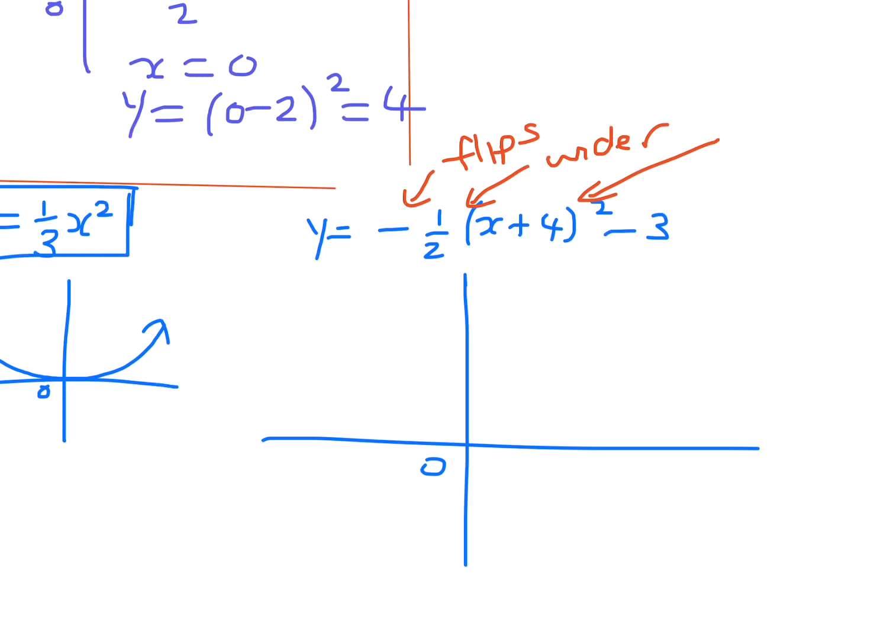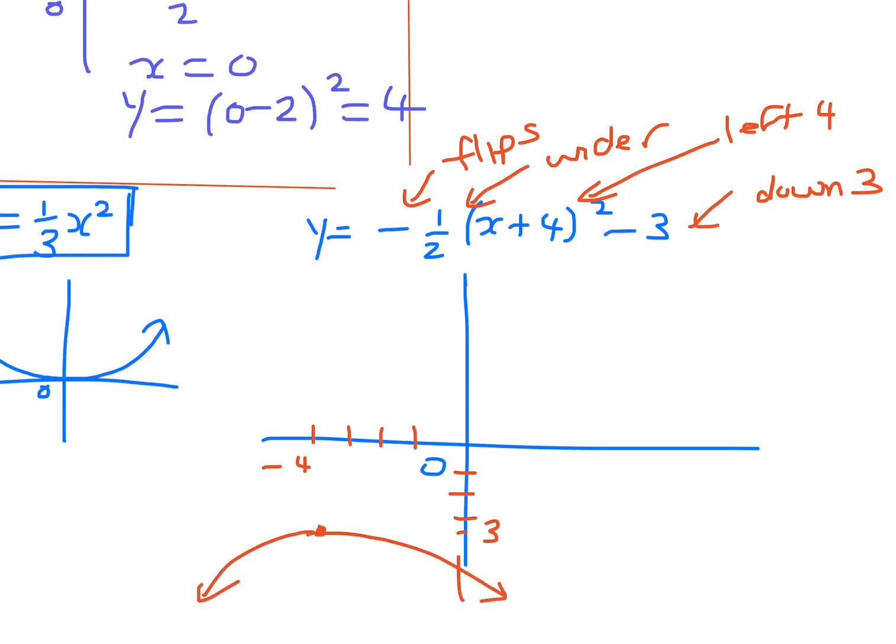This one here shifts it left 4. And this one here, you go down 3. So we're looking at flipping it and making it wider, left 4 and down 3.